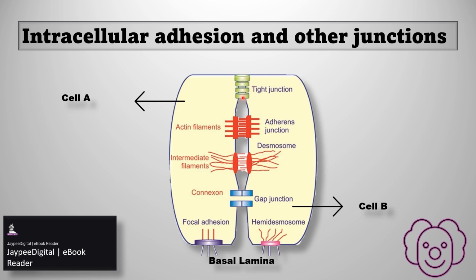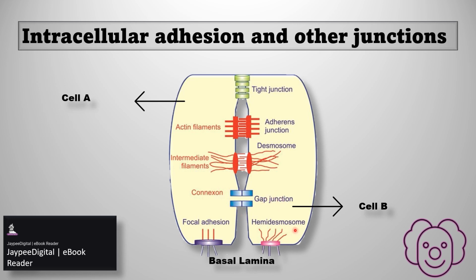Here is the tight junction at the top. Then the adherens junction here with the actin filaments. And then after that are the desmosomes, and they have intermediate filaments. And here are the gap junctions with the connexins.